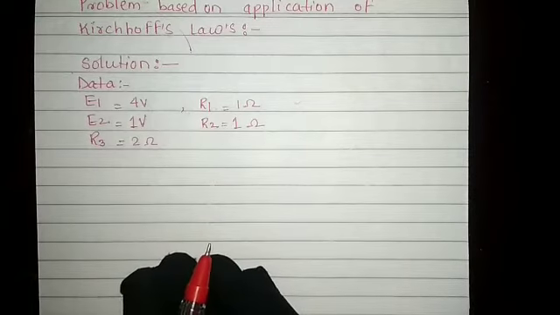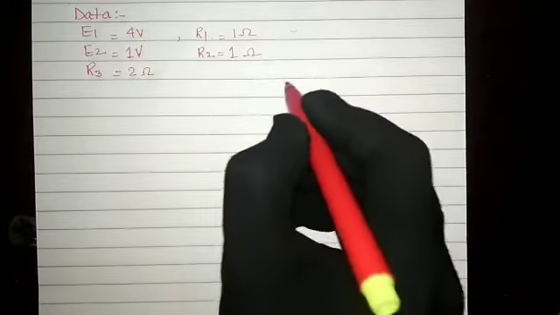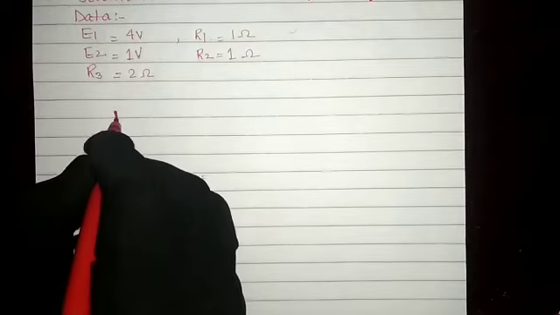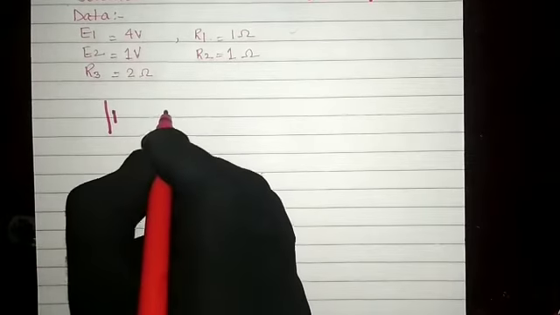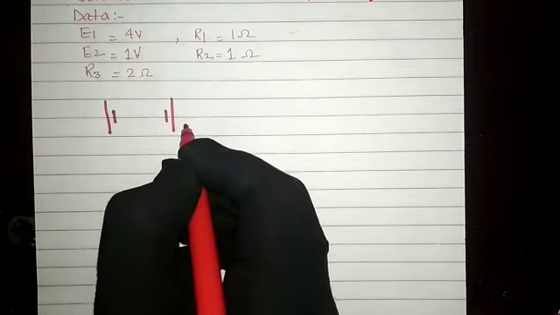Nothing else is given. So let's start drawing the circuit diagram. In this numerical it is given that we join the like poles of the batteries together. So consider this is the negative terminal of one battery, this is the positive terminal of that battery, this is the negative terminal of the second battery, and this is the positive terminal of the other battery.